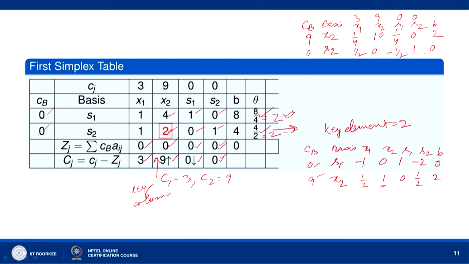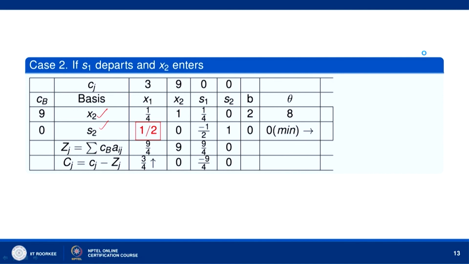Right. So now we find the Zj. Zj is 0, 9 into 1 by 4 is 9 by 4, 0 into half, so this is 9 by 4. 3 minus 9 by 4 gives you 3 by 4. Then 9 into 1 is 9, 0 into 0 is 0, so we get 9 here, and 9 minus 9 is 0.